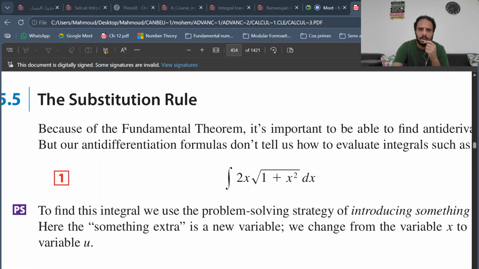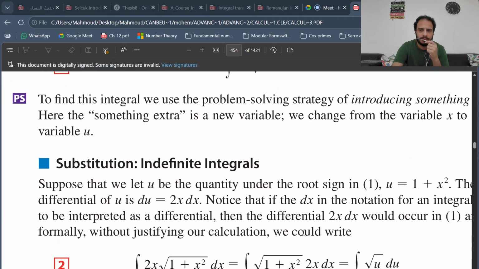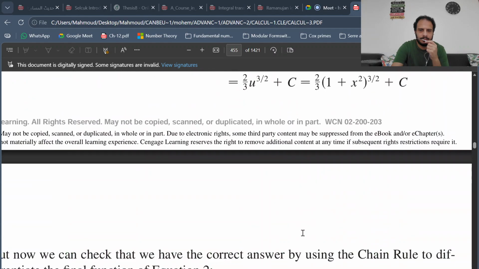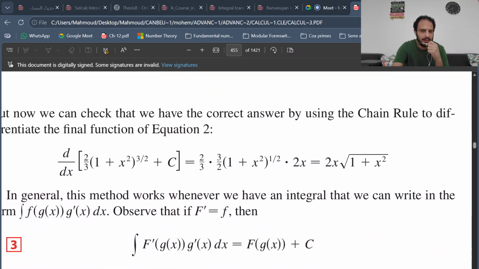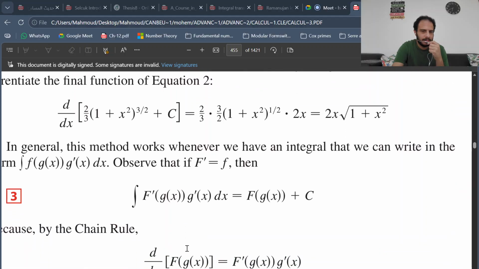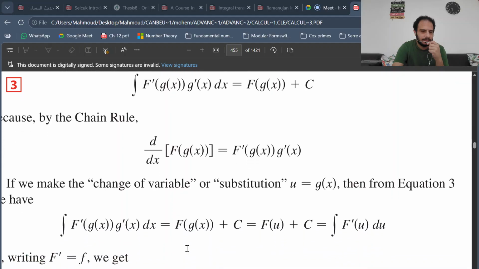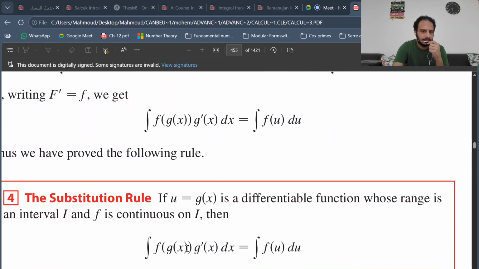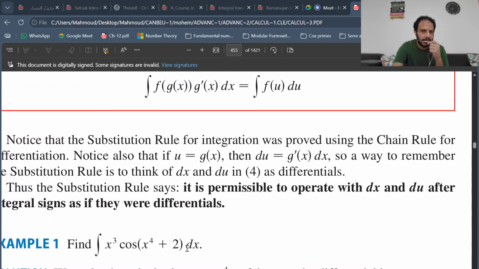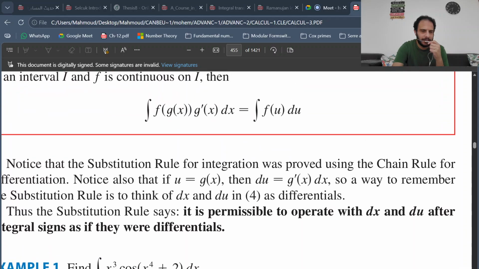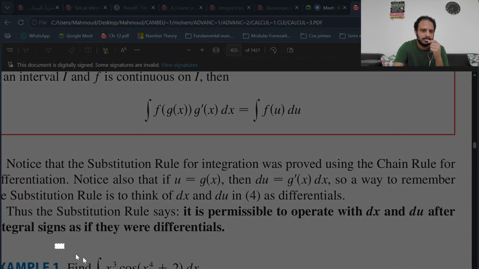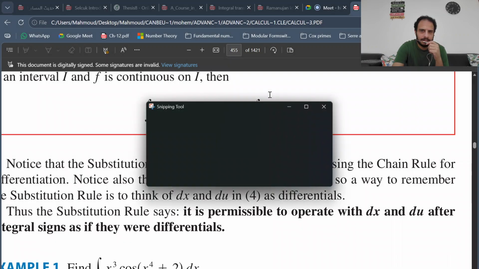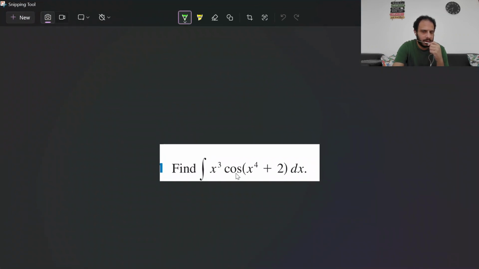Let's solve another problem. See here, this is the rule. Yes, this one here is perfect. Who wants to help me solving this?